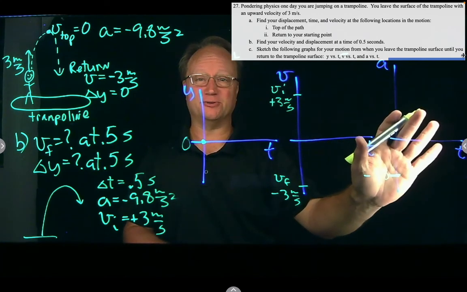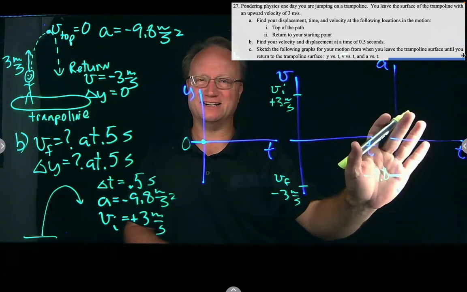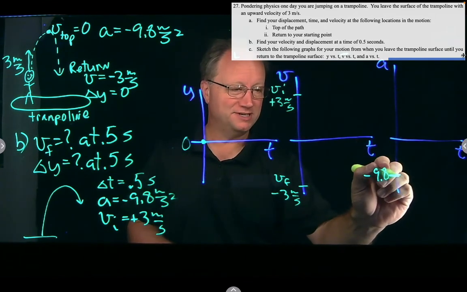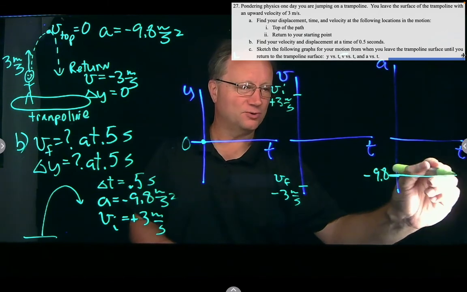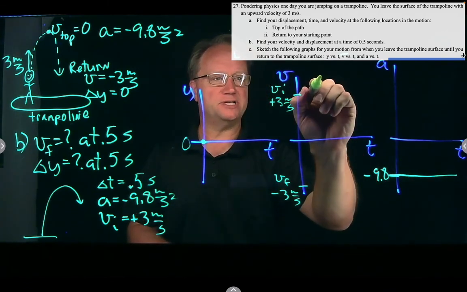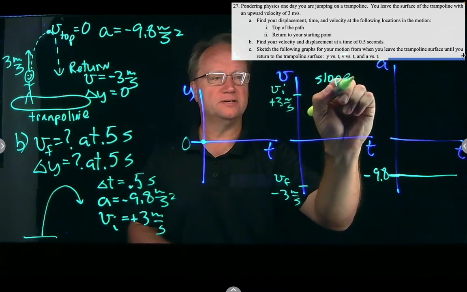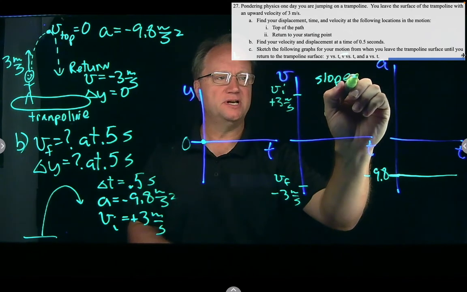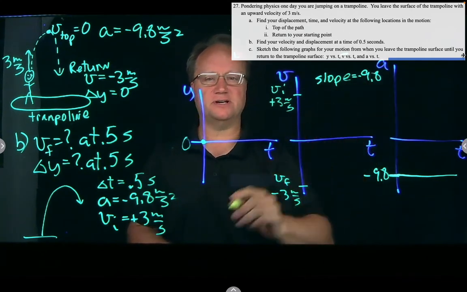So I'm going to start with the acceleration graph. I think that one's the easiest one. Your acceleration is the same value throughout the motion, negative 9.8, a horizontal line that goes straight across. Now that value tells you your slope over here. Slope of a velocity versus time graph is acceleration. So we need a slope of negative 9.8.